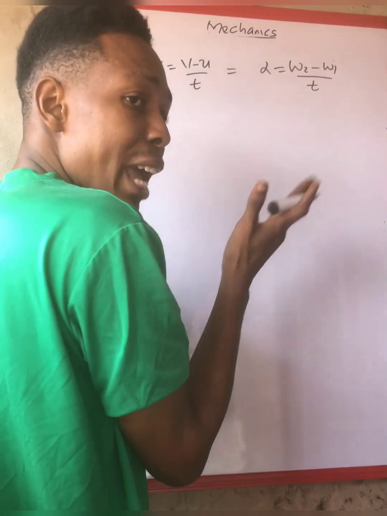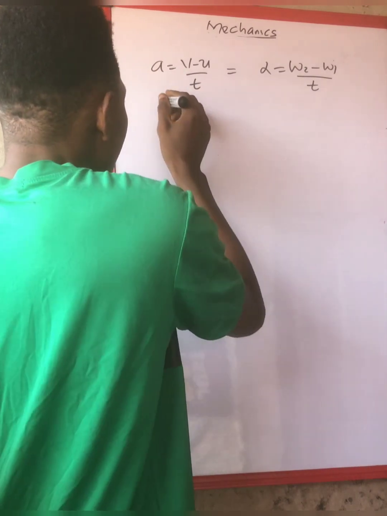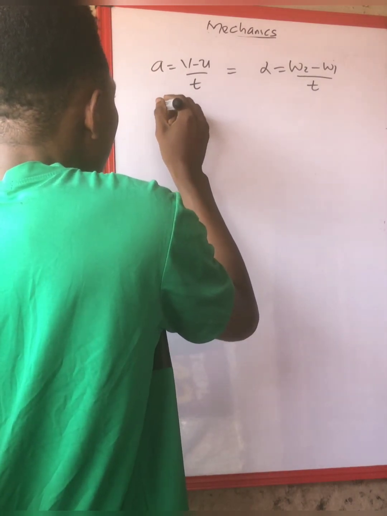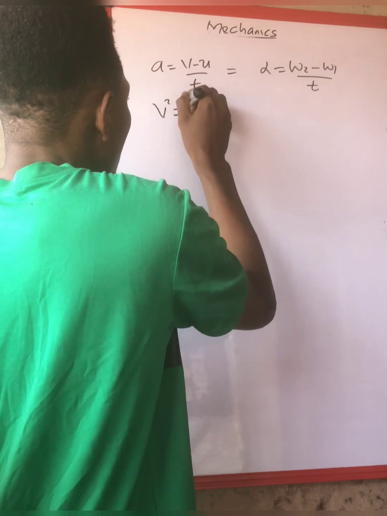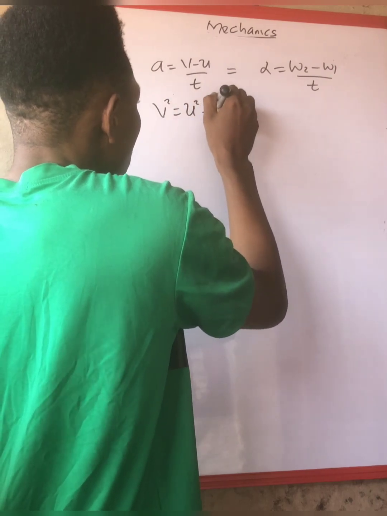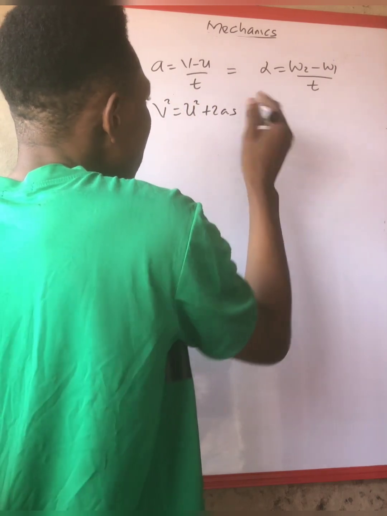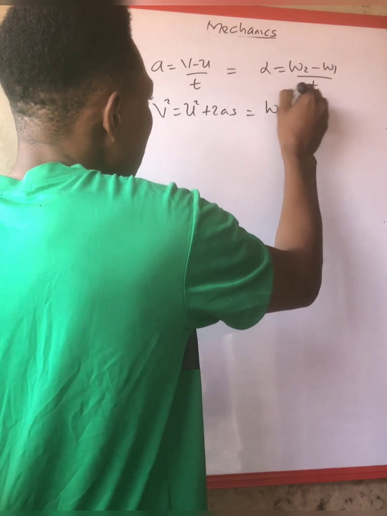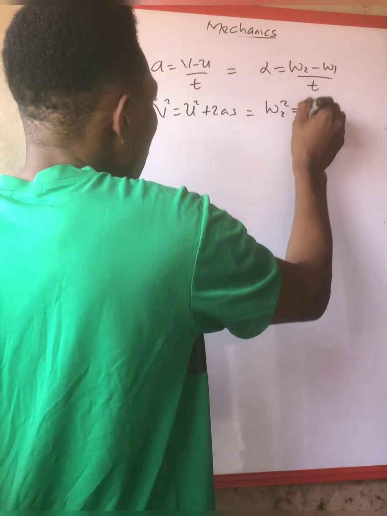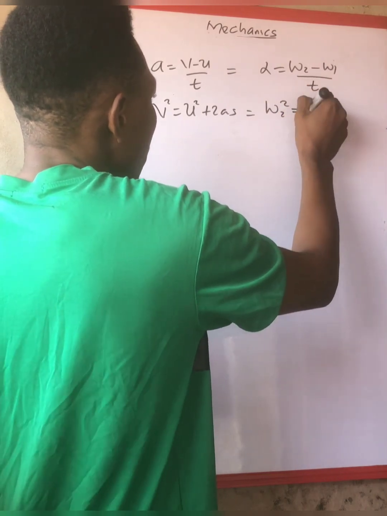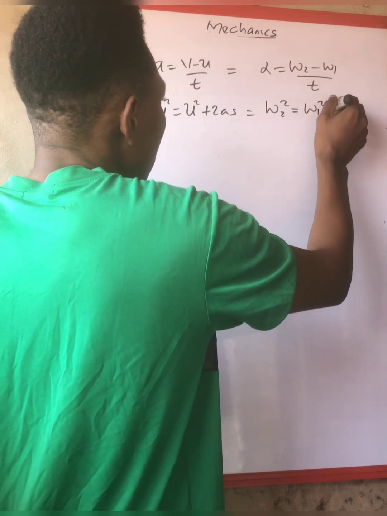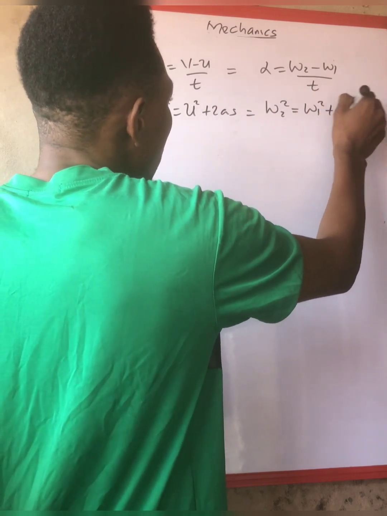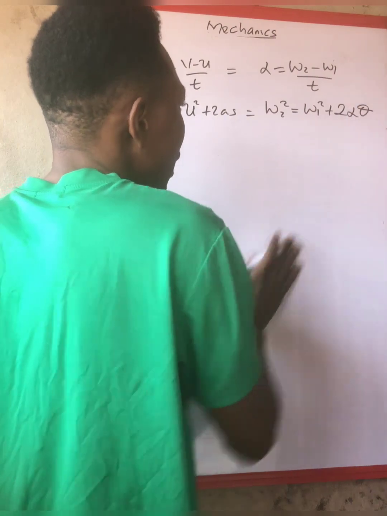So we also have another equation of motion, v squared equals u squared plus 2ax. This is the same thing as W2 squared equals W1 squared plus 2 alpha theta.